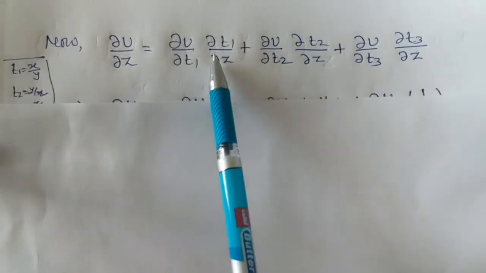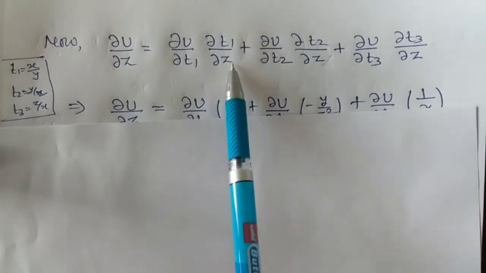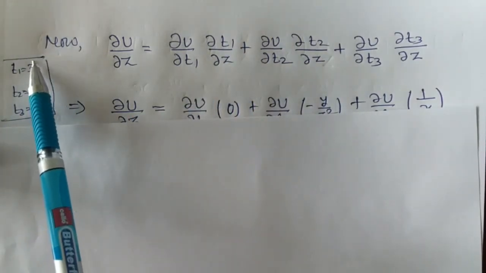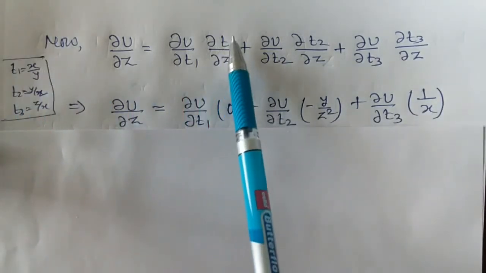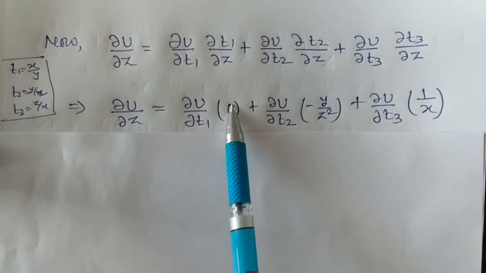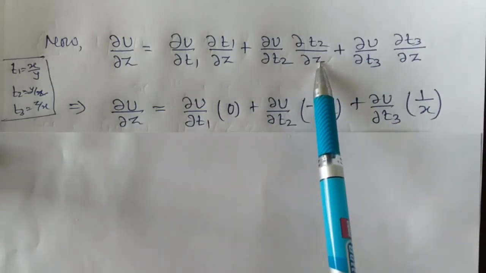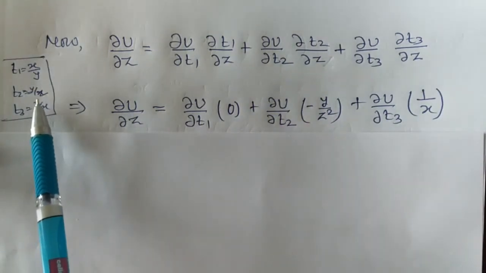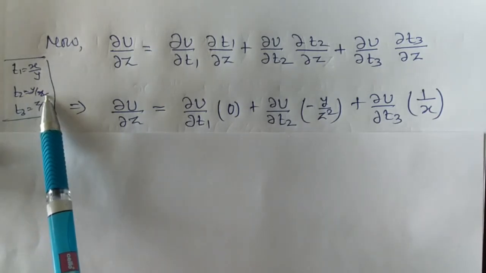Now del t1 by del z, partial differentiation of t1 with respect to z. So t1 is x by y, both are constant with respect to z, so its derivative is 0. So value of del t1 by del z is 0. Del t2 by del z, partial derivative of t2 with respect to z. So t2 is y by z, y is constant and derivative of 1 upon z is minus 1 upon z square with respect to z.